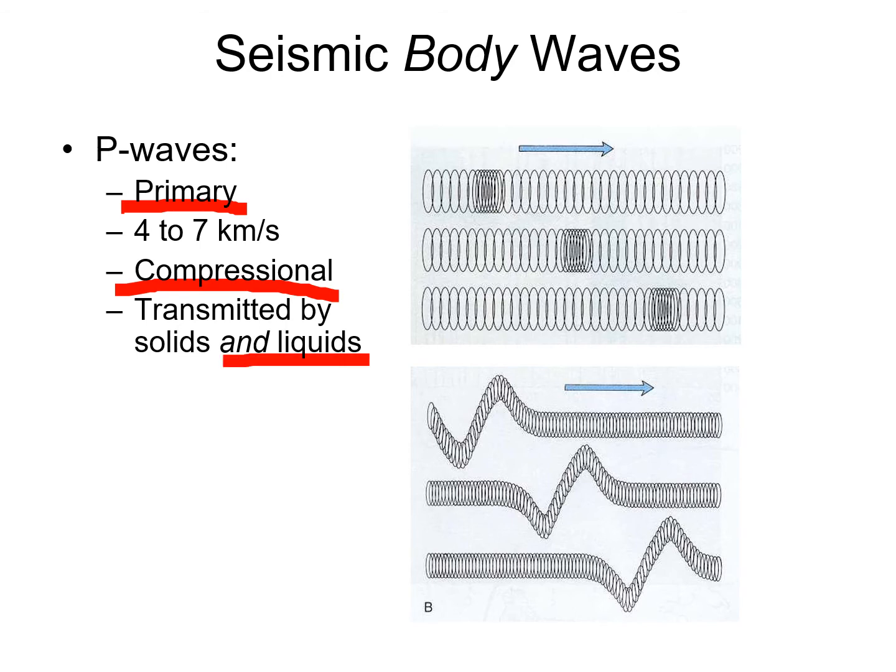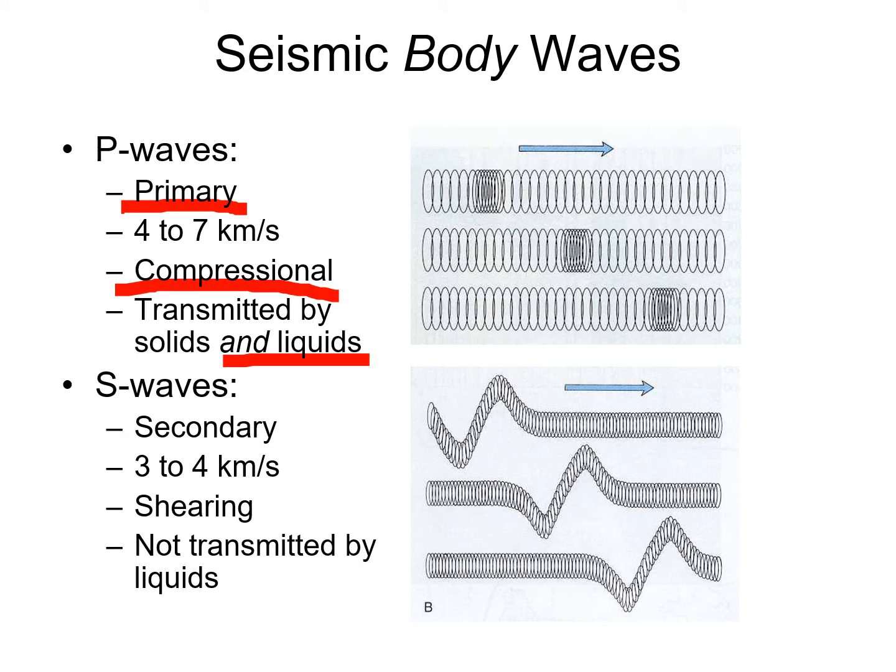Now the reason why that is important is because the next one is not transmitted by liquids. It's blocked by liquids. And so the thing to remember about the P wave is that it does travel faster, between 4 to 7 kilometers a second, while the S wave is between 3 and 4 kilometers a second.